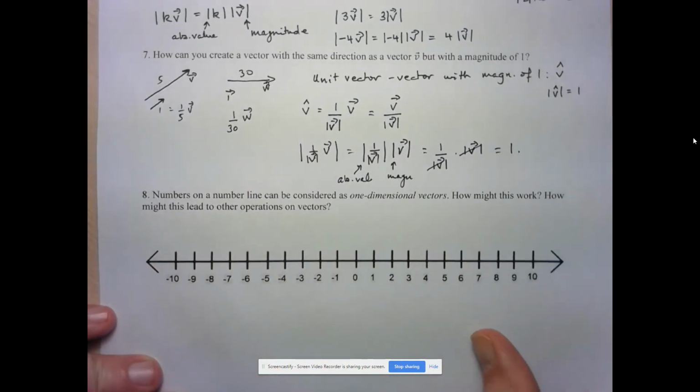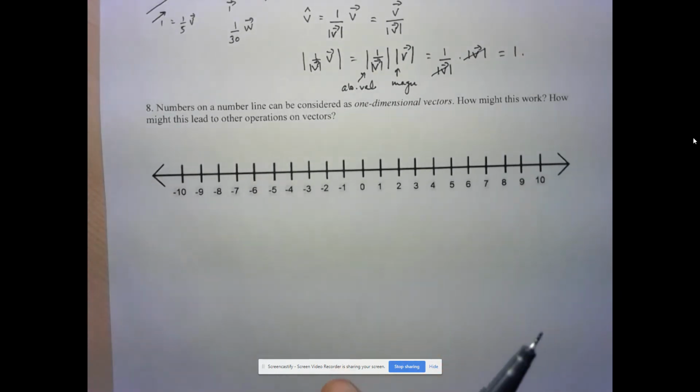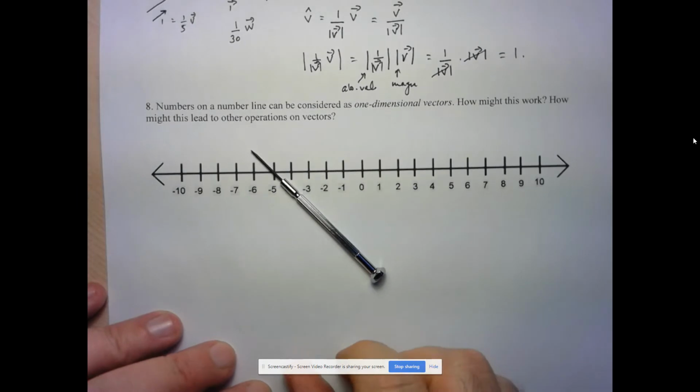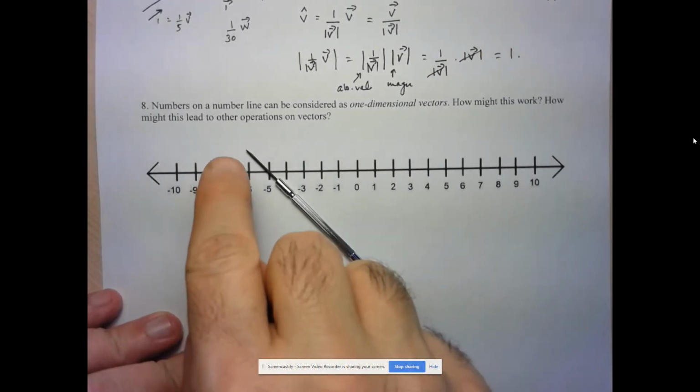So the last thing we're going to look at is this idea of considering one-dimensional vectors. If you think of how we define vectors, it was this need to be able to work in 2 dimensions. So say I use the arrow, say this represents an arrow, tail to tip.